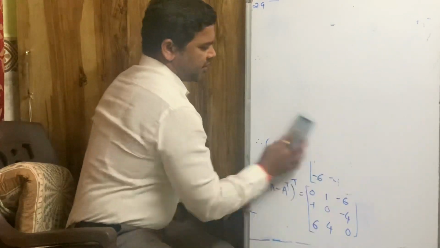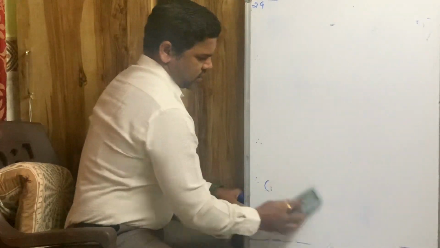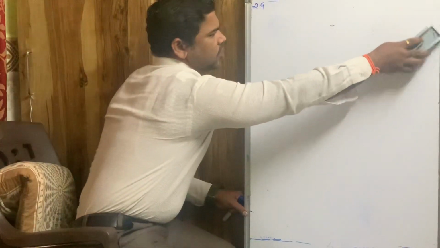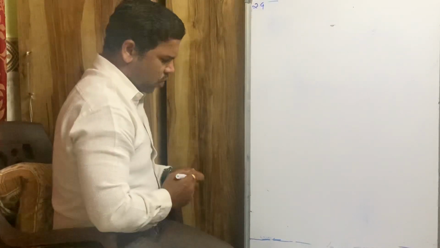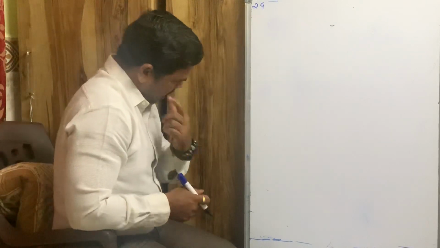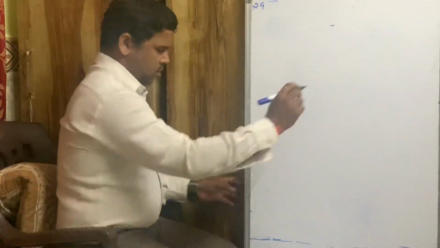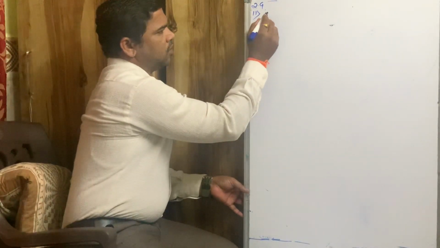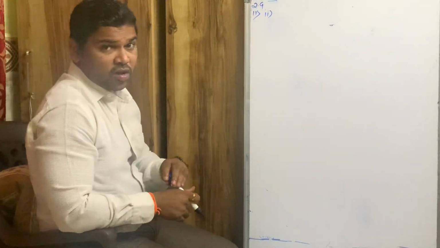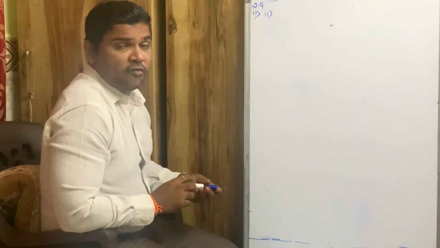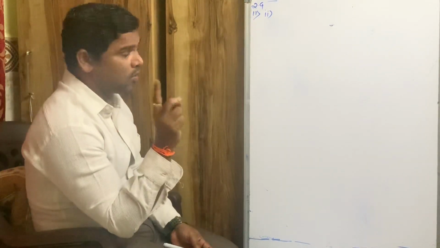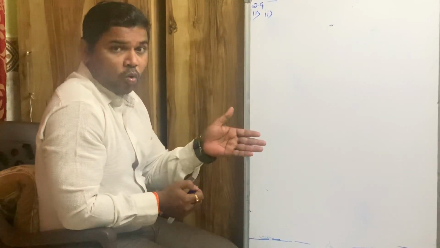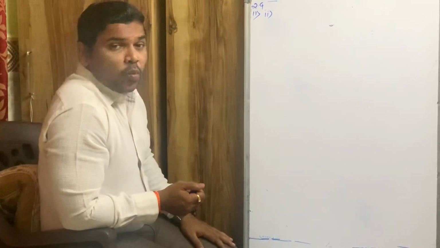A simple one. I'll go with question number 11, sub question number 2, because it is of order 3 by 3, and sub question number 1 is of order 2 by 2. So that is a simple one. You can do it on your own. I'm trying question number 2.